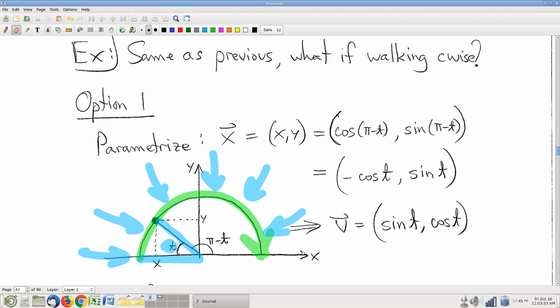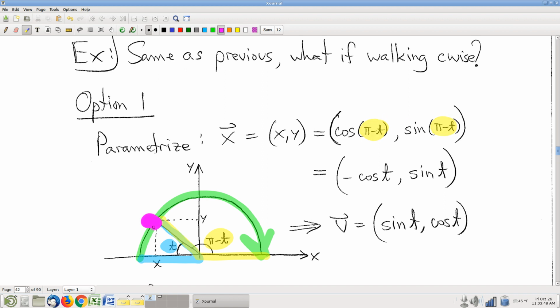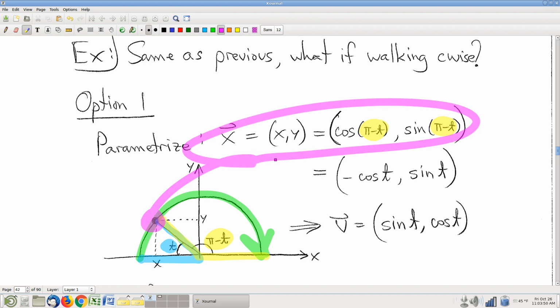Okay. Now if that's T, then our usual polar theta is pi minus T. So position is cosine theta, sine theta, as always. Just make sure that you interpret correctly what theta is.